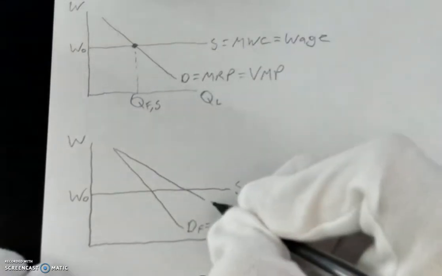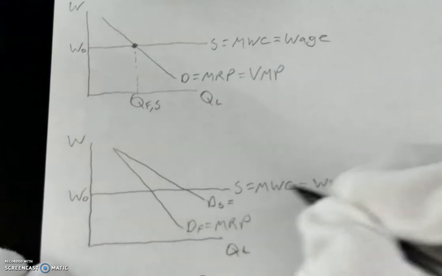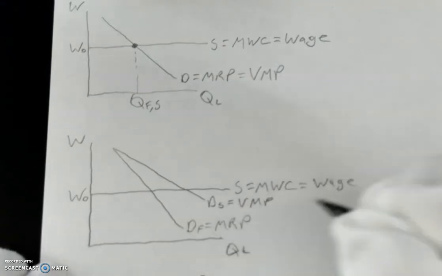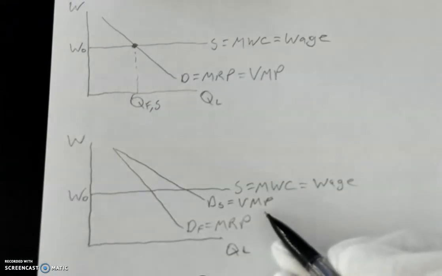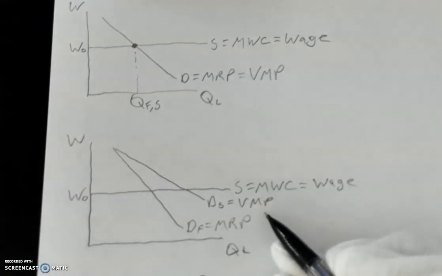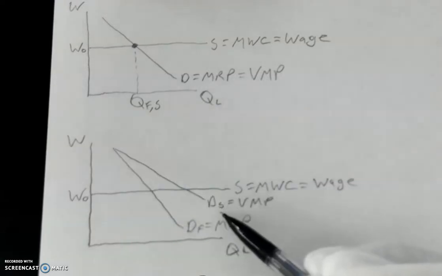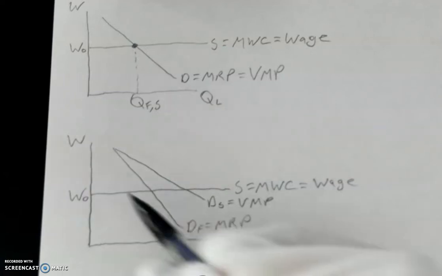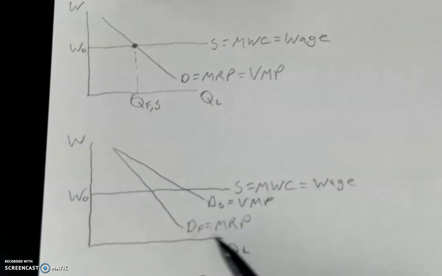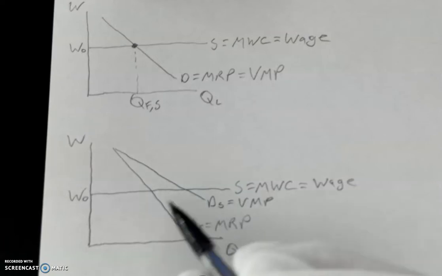So you're going to have demand society equals value of marginal product. So notice the difference. If we have a firm that is producing a product in an imperfectly competitive product market, then the value of marginal product, society's perspective on the labor demand curve, will be higher than the marginal revenue product, which is the firm's perspective on the labor demand curve.